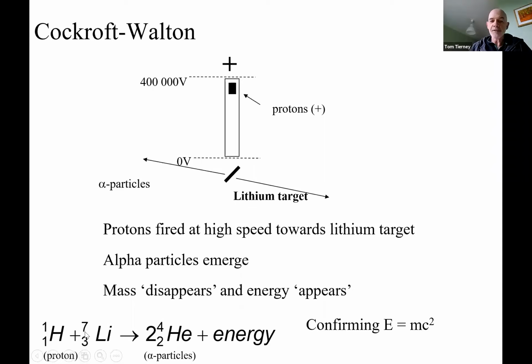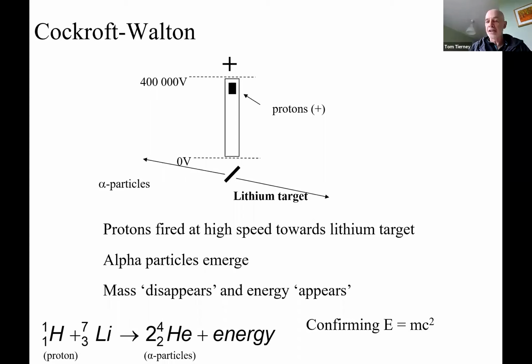So if you add up the mass of the 2 alpha particles, it is slightly less than the mass of the lithium and the proton. So mass seemingly disappeared. But the energy of the alpha particles was much greater than the energy of the proton to begin with. So energy was seemingly appearing out of nothing. Mass was apparently disappearing, if that's a phrase you can use.